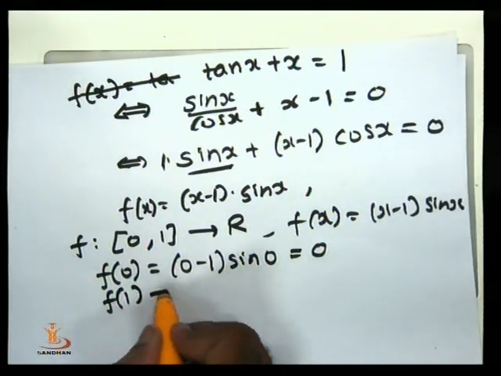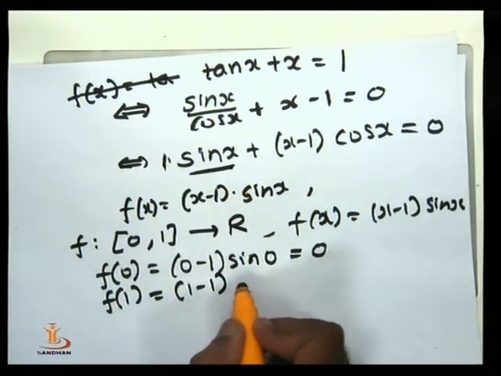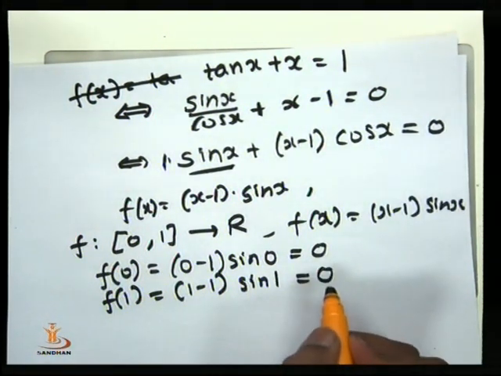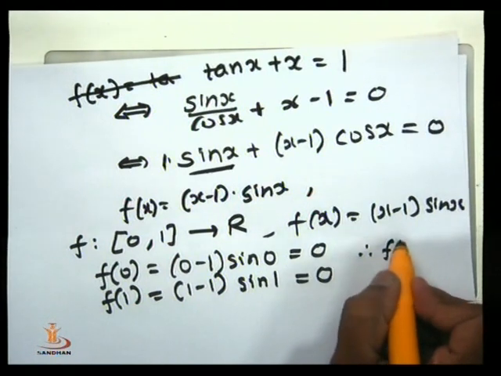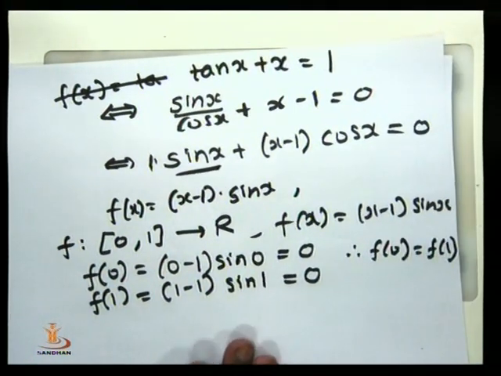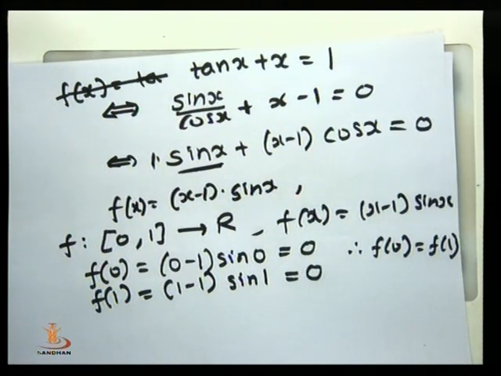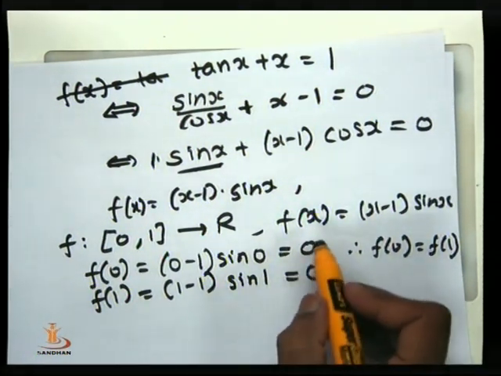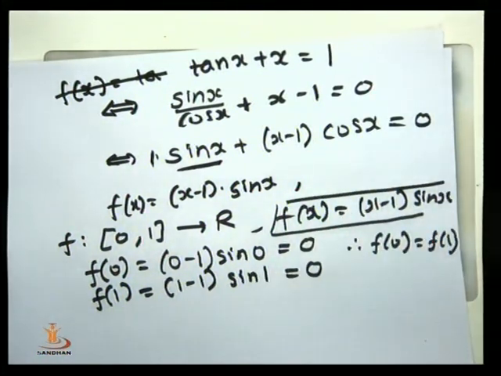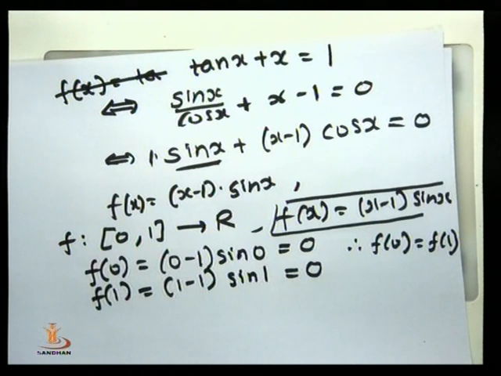Again, f of 1, that is (1 minus 1) into sin 1, and that is also 0. So, therefore, we have f of 0 is equal to f of 1. This is proved. So, this function f(x) satisfies all the 3 conditions of Rolle's theorem.